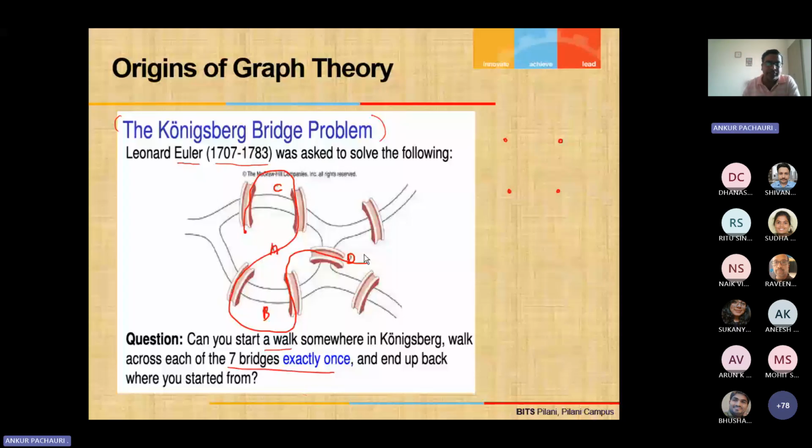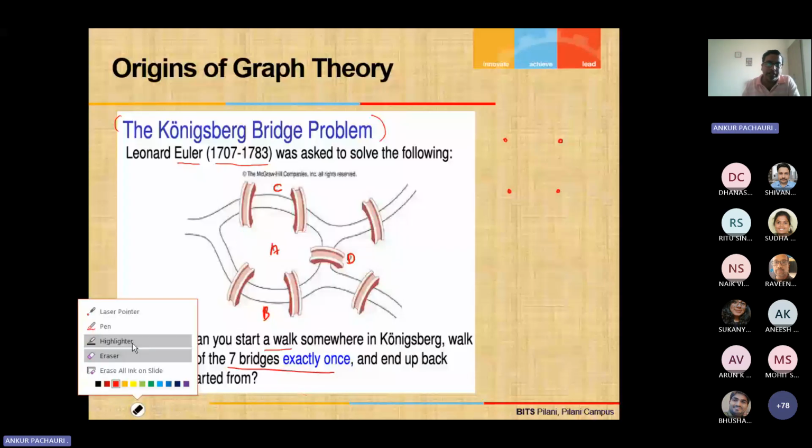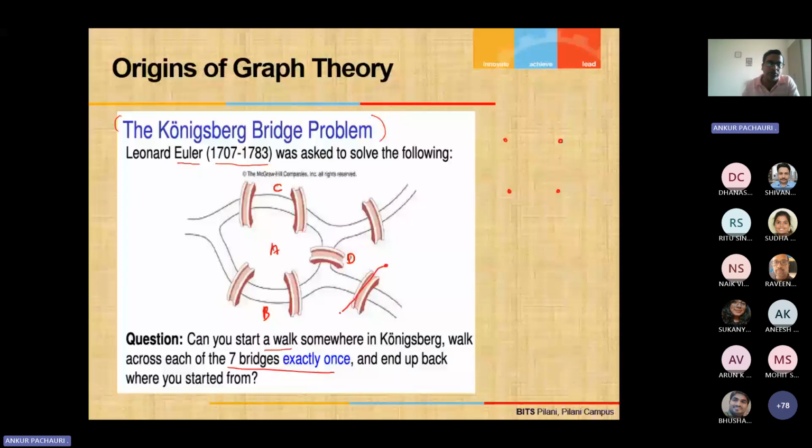In this walk, we have come across 6 bridges, but I cannot continue again because all the bridges approachable from this point are already traversed. This is already left, and this is the starting point. So this is not a correct solution. Let us try something else. Suppose he starts from this one: 1, 2, 3, 4, 5, 6.